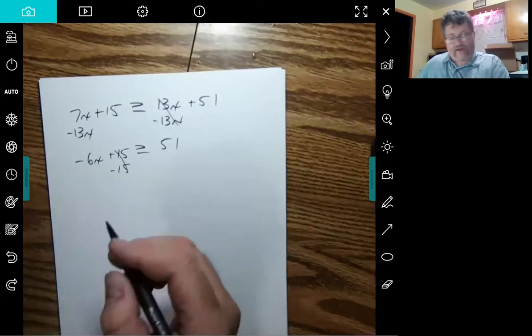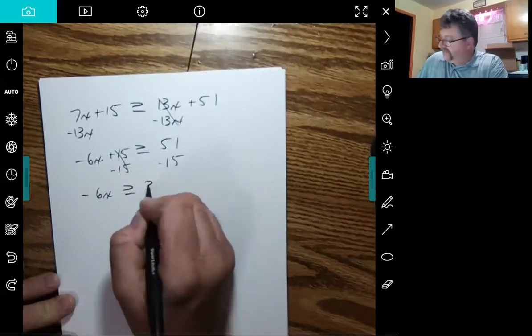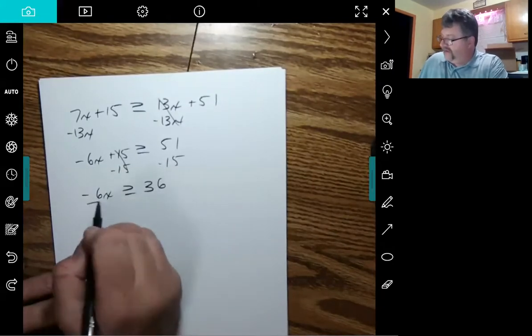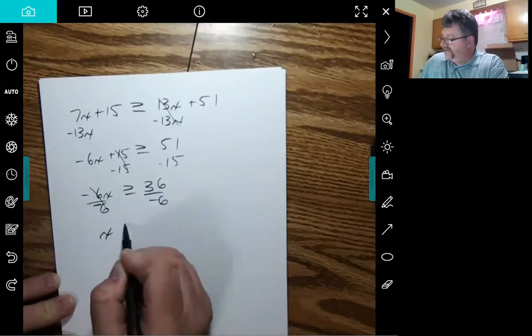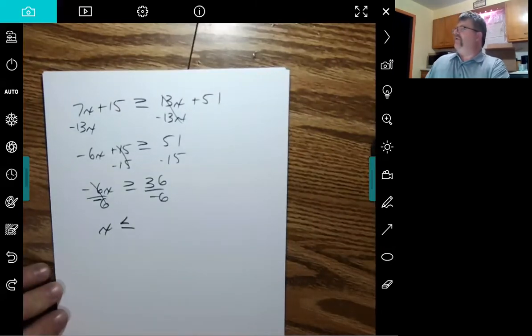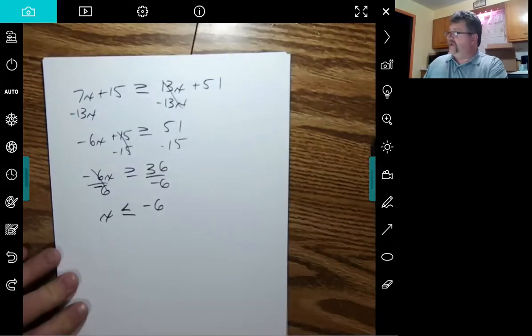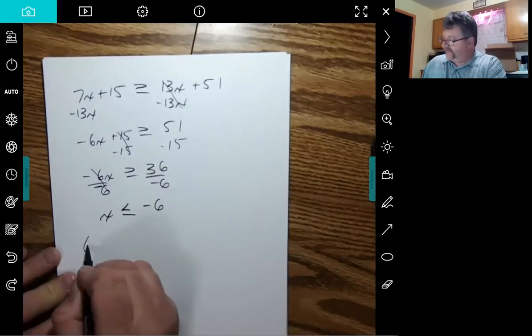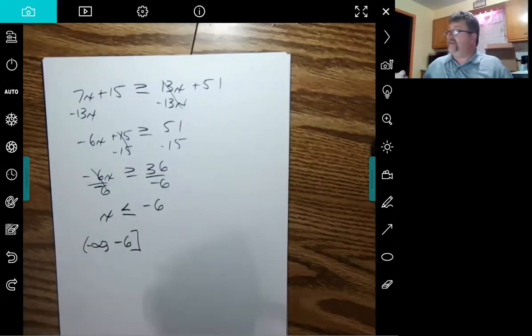And then I'm going to subtract 15 from both sides. -6x is greater than or equal to 36. Divide by -6. Divide, change the inequality, do the old switcheroo on the inequality. X is less than or equal to -6. Less than means all numbers from -infinity up to -6, including -6, so it gets a square bracket.